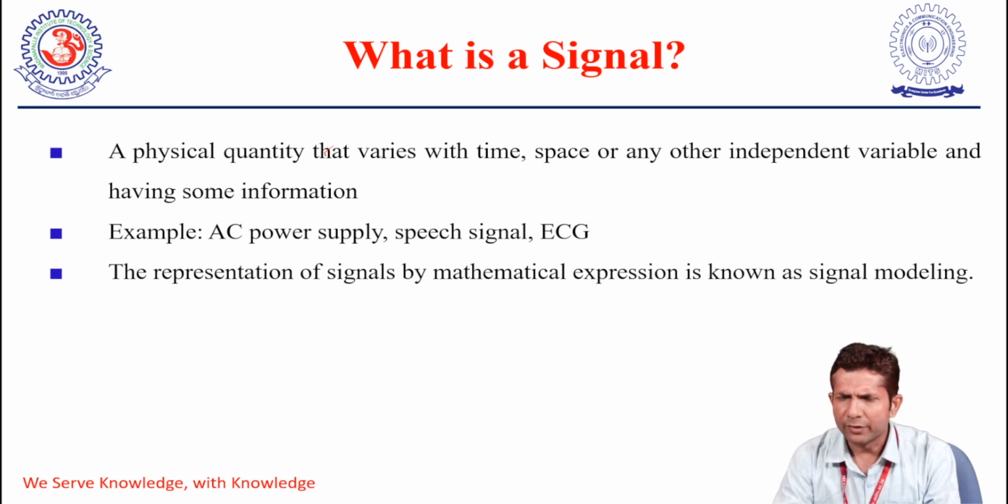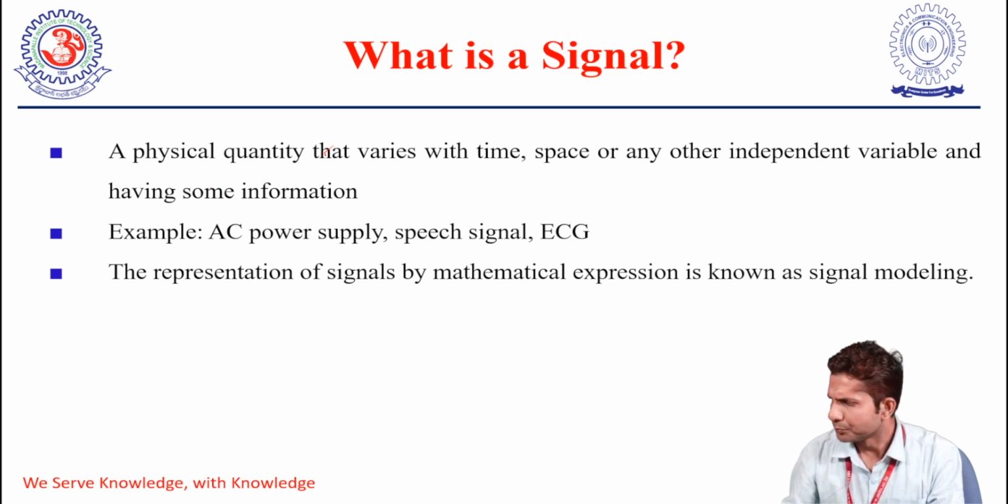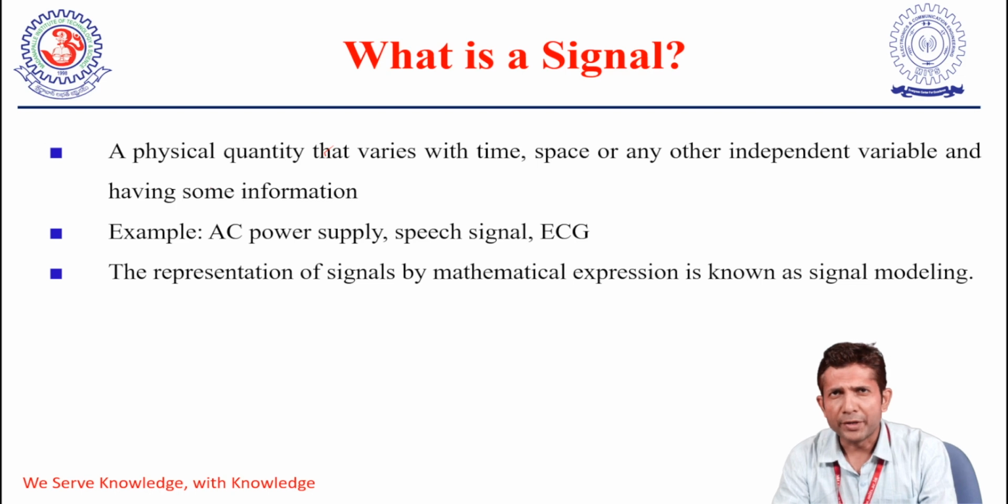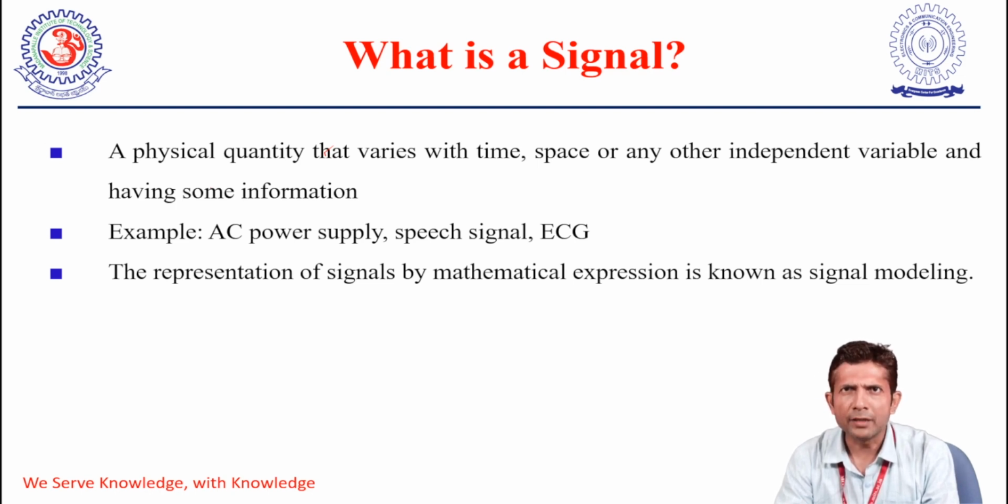A simple definition of a signal is a physical quantity that varies with time, space, or any other independent variable and has some information. It means a signal must have some information.